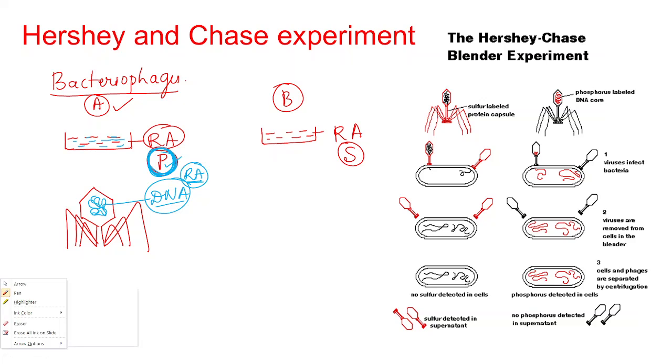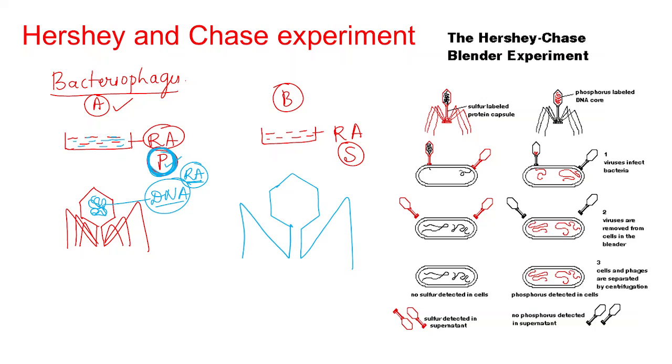In the second setup, what has happened? In the second setup, the bacteriophages have got the radioactive protein coat. Instead of the DNA, the protein coat has become radioactive. Why has the protein coat become radioactive here?